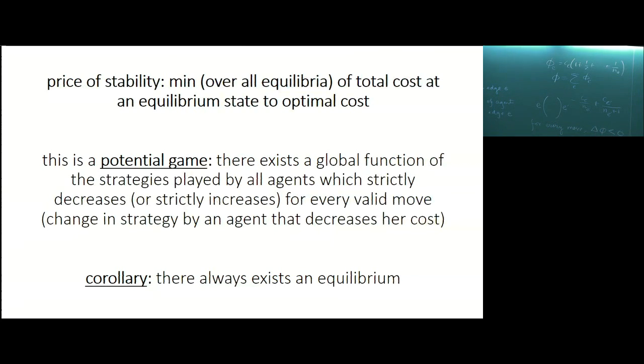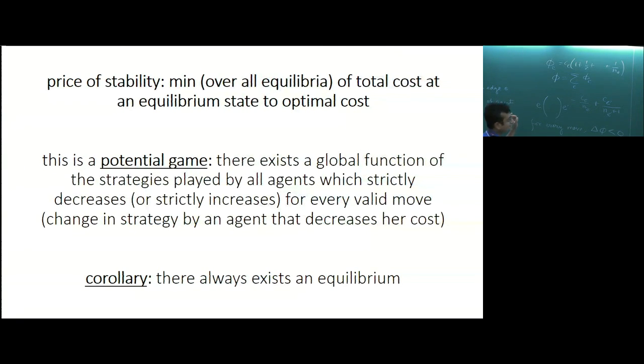So my potential will keep decreasing as I keep playing this game. And in fact, you can lower bound how much the decrease is. It can't be too small. The decrease is going to be smallest cost divided by n. Of course, this potential, the way I have defined my function, can't be negative, which means that every game has to terminate after a finite number of steps and will yield an equilibrium when it terminates.